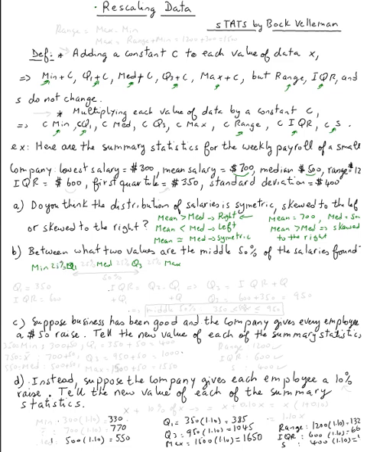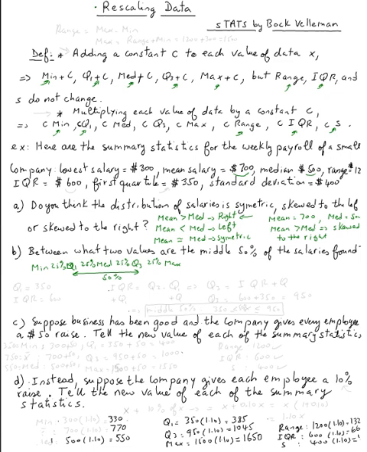So 25% of data between min and Q1, 25% between Q1 and median, 25% between median and Q3, 25% between Q3 and max. So the middle 50% of data is always between Q1 and Q3.